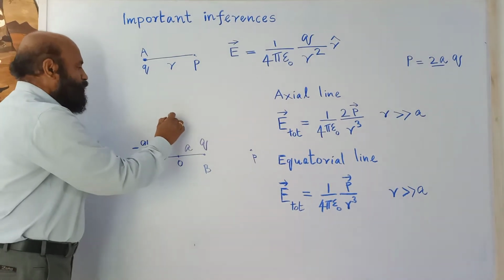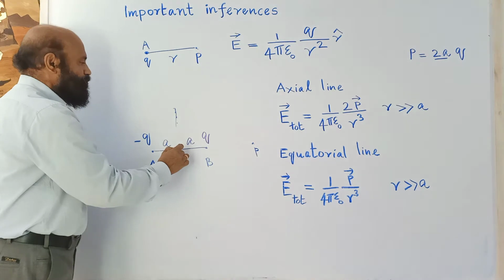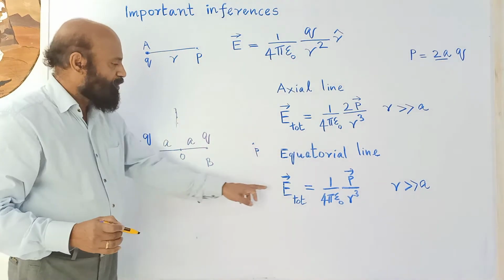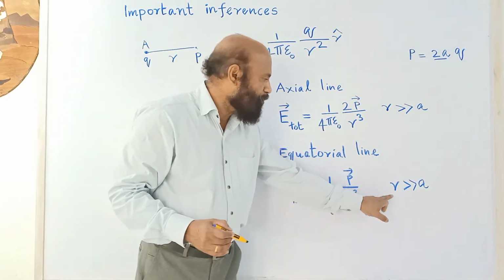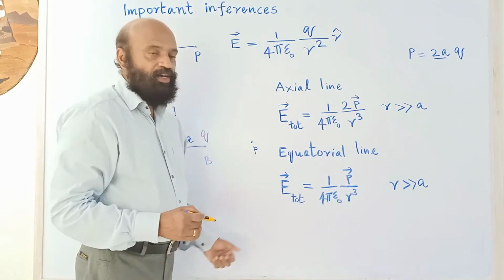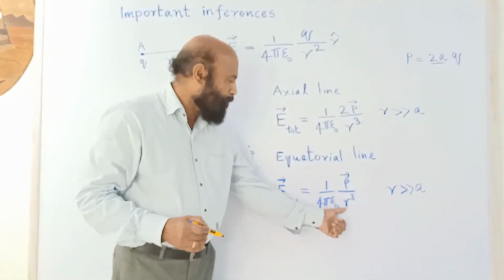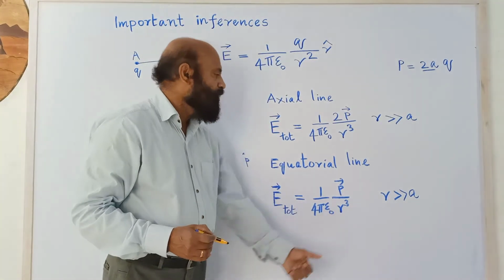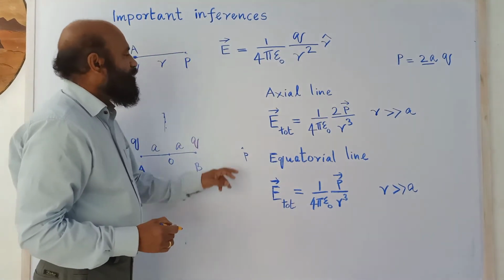Similarly, when the point is on the equatorial line, it is given by this relation when r is very much greater than a. Here also the intensity is inversely proportional to the cube of the distance.